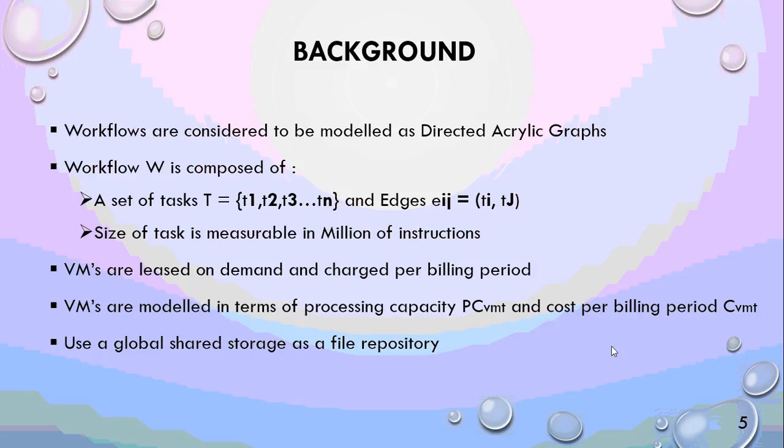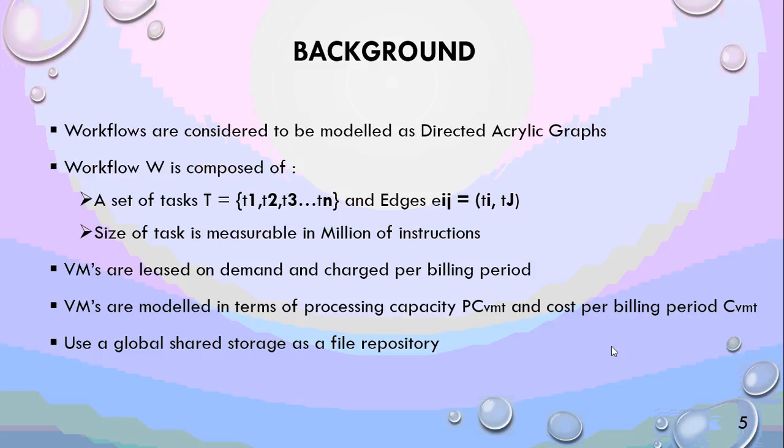The size of a task is measured in millions of instructions. So when we say tasks, it's nothing but task 1, task 2, task 3, and edges are nothing but, let's just consider edge i to j. That is an edge if there is data between i and j.